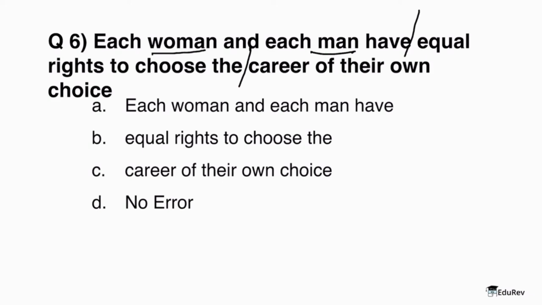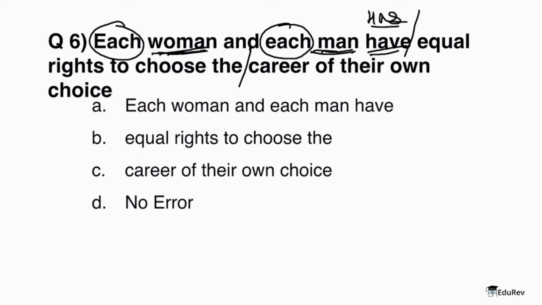When each of these nouns is preceded by the word each or every, then the verb will be kept singular. And when the verb is kept singular, singular helping verbs will be used instead of plural helping verbs. So here, instead of "have", "has" would be used.